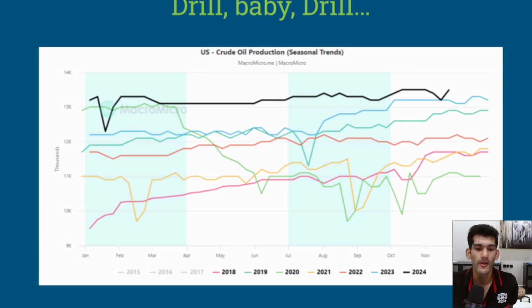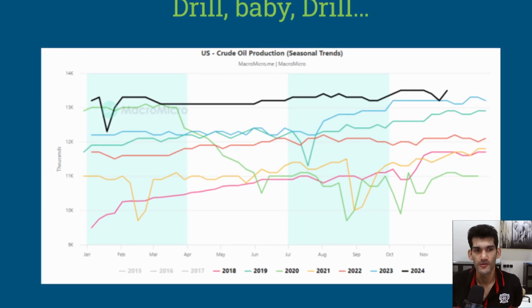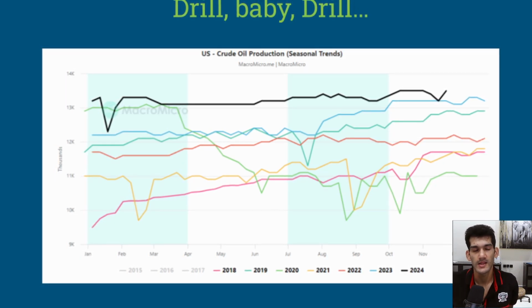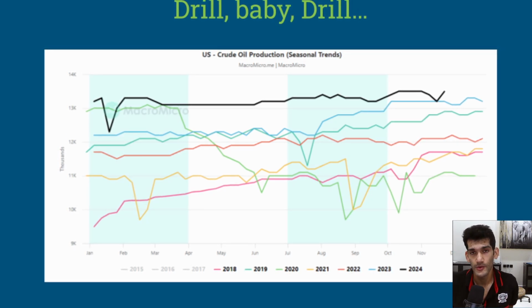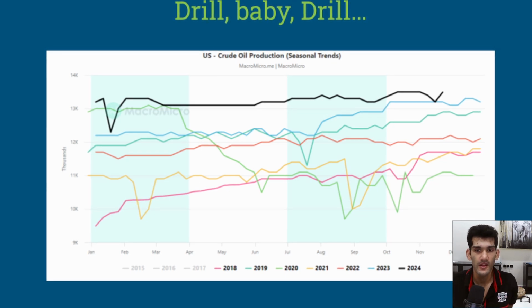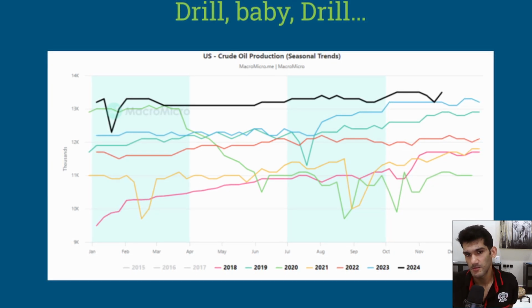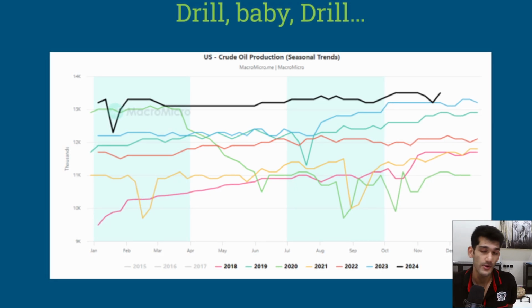So if we look at what's happened in 2024, the US has actually been producing record levels of crude oil already. The black line that you're seeing on the graph here is much higher than any other time in US history.